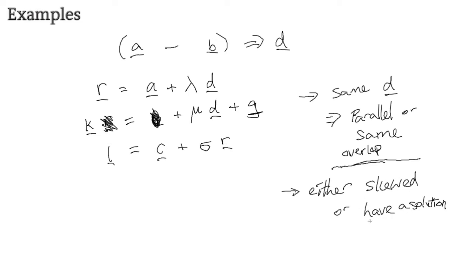As we have learned, having a solution means that they cross each other. But in 3D space, that is often very difficult to formulate. If they share a point, which means that A is equal to C, or you can kind of shift around.